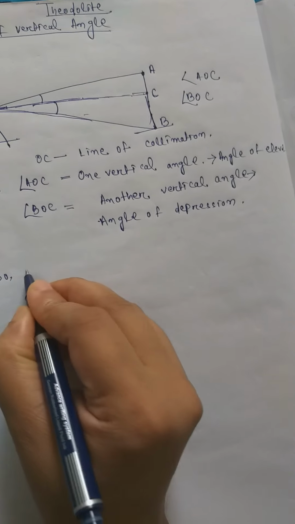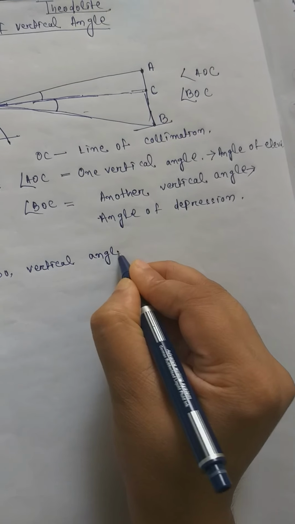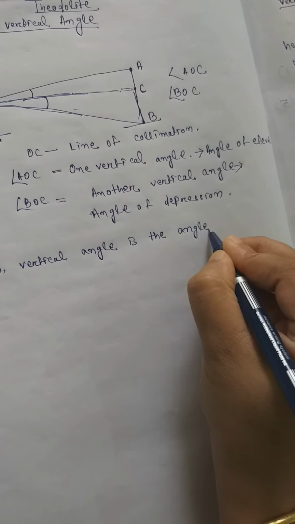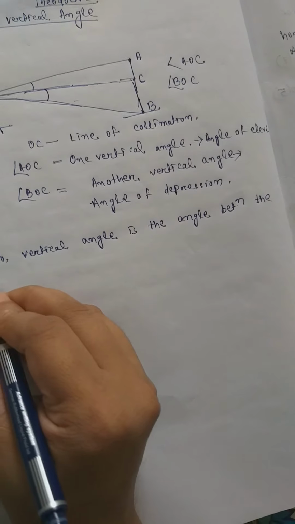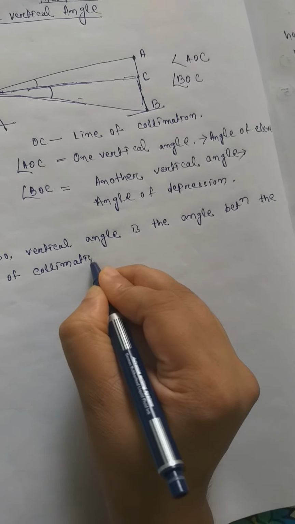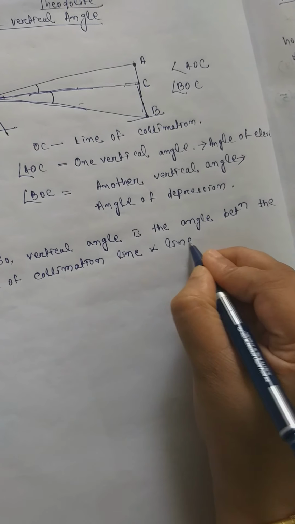So the vertical angle is the angle between the line of collimation and the line of sight.